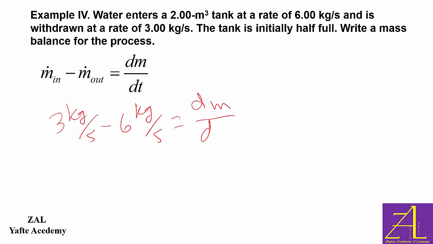So as you see here, we have accumulation. dm dt would be equal to minus 3 kg per second. The initial half-full condition does not enter when we write the mass balance equation, rather when we solve the equation, as shown in the lecture note.